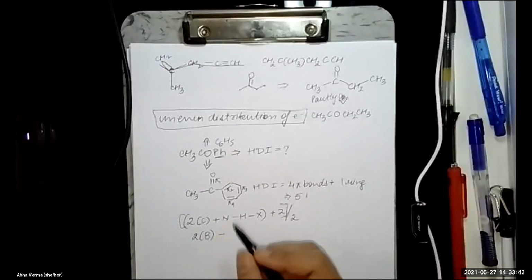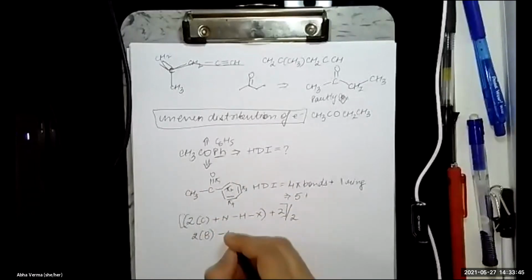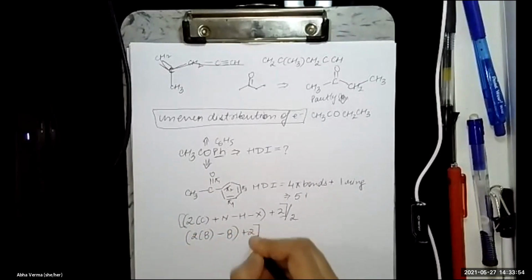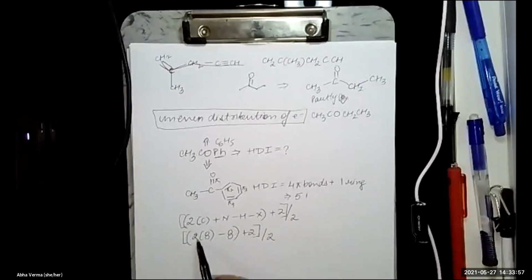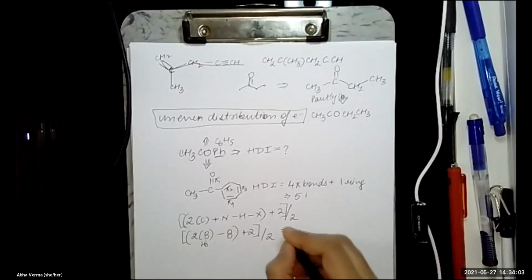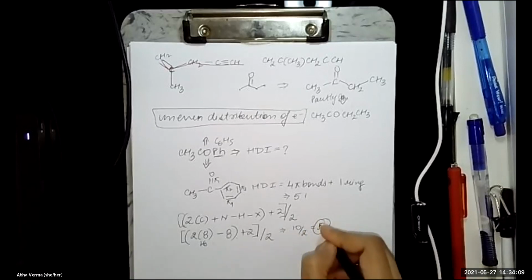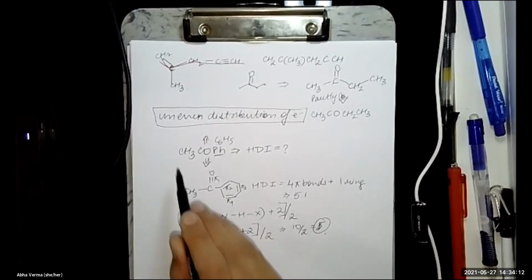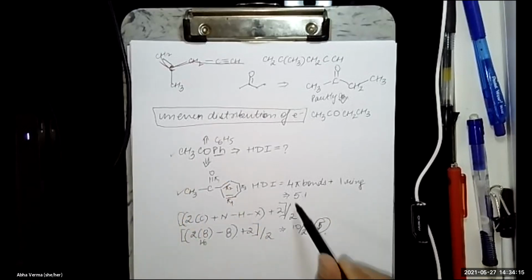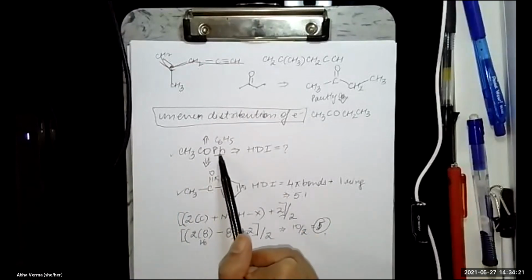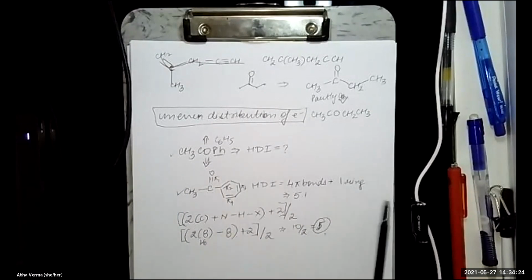How many hydrogens do I have? 5, 8. I don't have to worry about my oxygen, but I do have to worry about adding the number 2. So 16 minus 8 is 8. 8 plus 2 is 10. 10 divided by 2 is 5. So with both our methods, from structure and from formula, I will get the same result. But it is up to you to remember what Ph is. Okay?